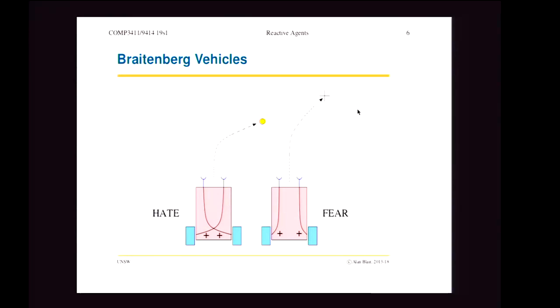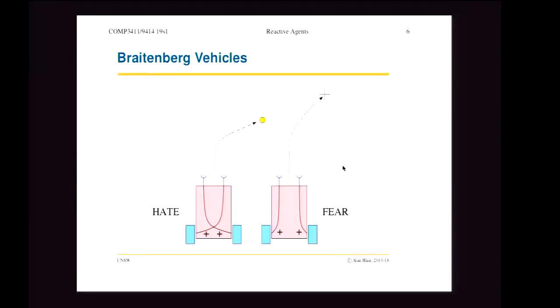And he called this vehicle fear because it looks as if it's trying to run away from the light and escape from the light, and it'll keep moving until it gets into some dark place, and then it'll stop. Right? So you've got hate and fear.